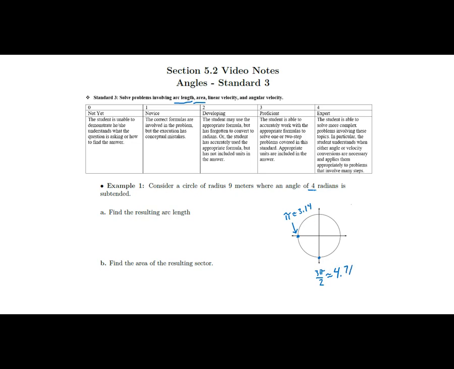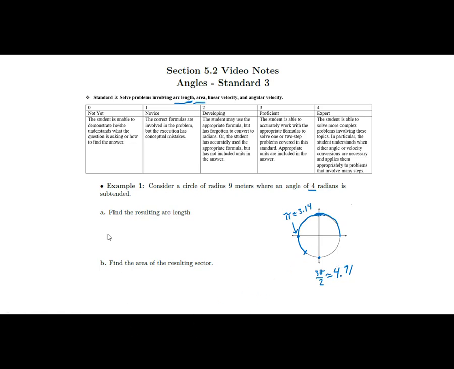So 4 radians is a little bit closer to 4.71 than it is to 3.14, so I'm going to put it just over halfway between these 2 points on the circle. That means the arc we're being asked about in part A is this arc here, despite my wobbly drawing, and that's the arc length we're trying to find.